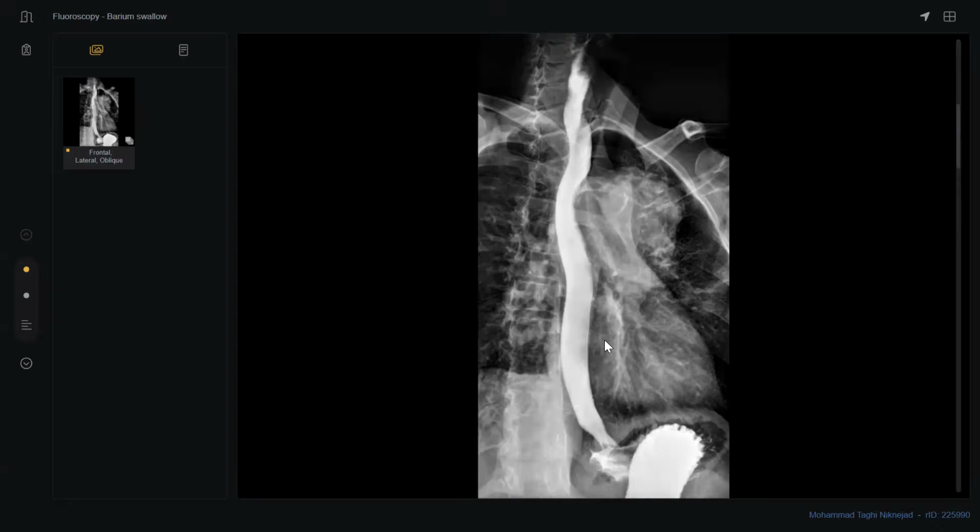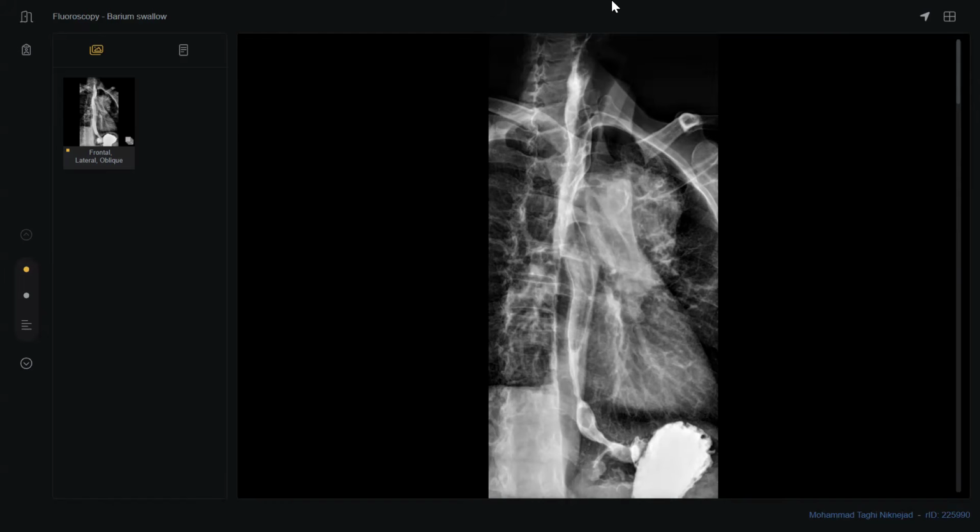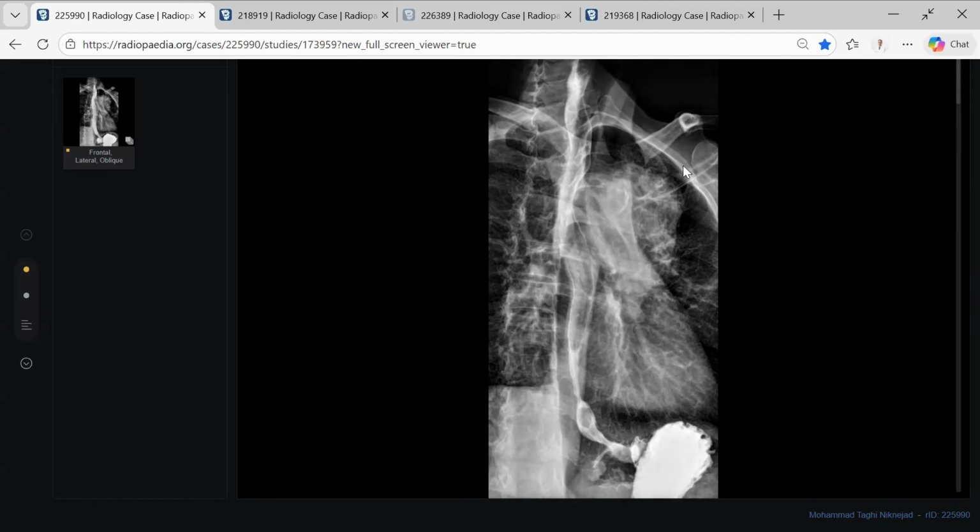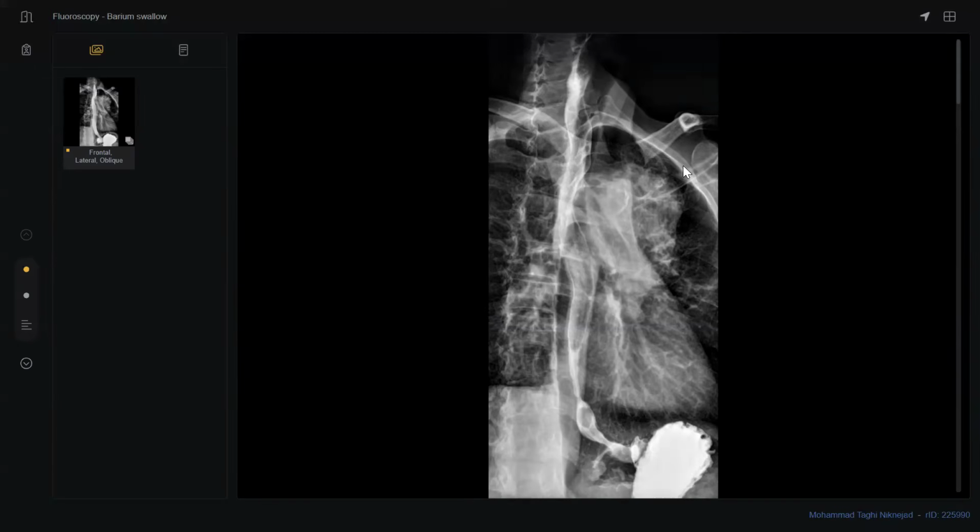Sir, it's not showing to me. I just give up the remote, then I can see, right? Okay. Right or left side? Sir, on the right side. Here? At the gastroesophageal junction. Here? Don't worry about it. What else? Okay.